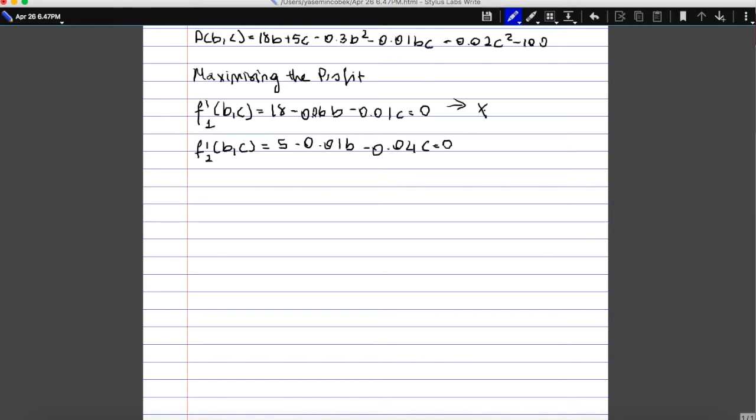So now we're going to use these functions to derive B and C by doing simultaneous division. And to do so, we want to cancel C. So we are going to multiply the first function by minus 4.